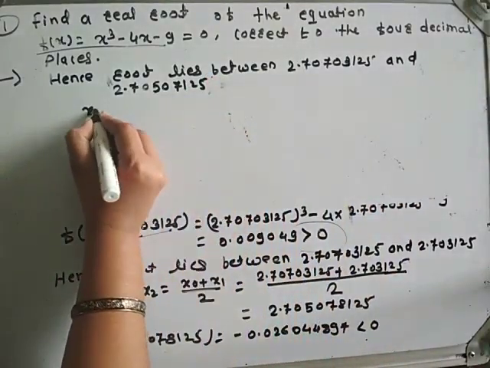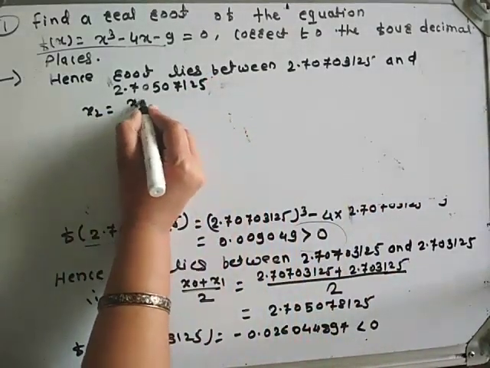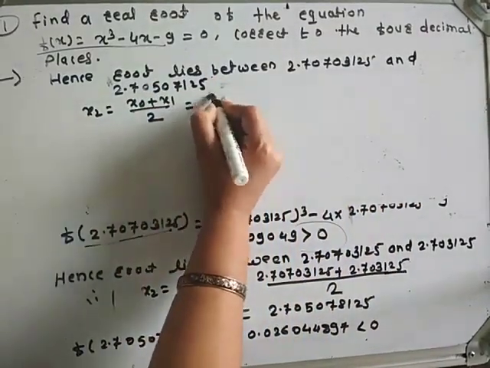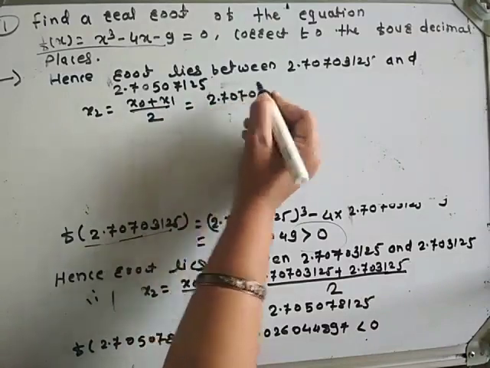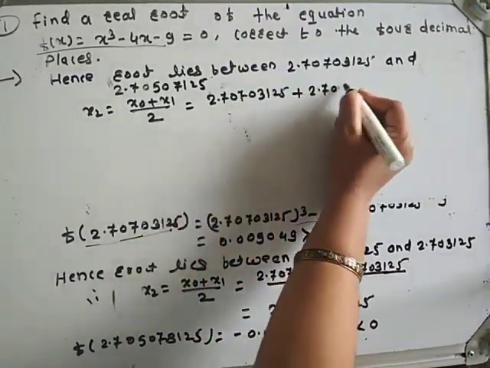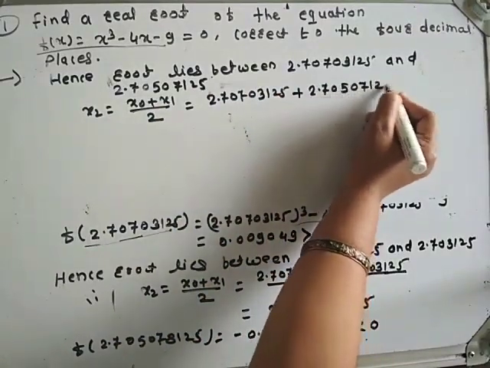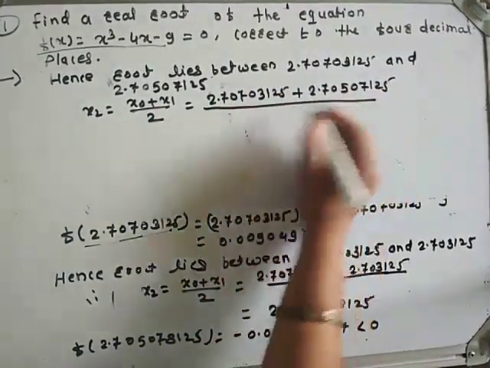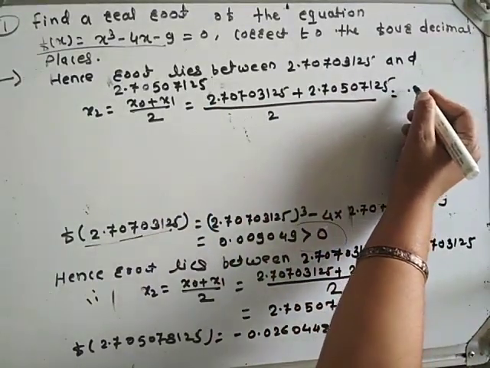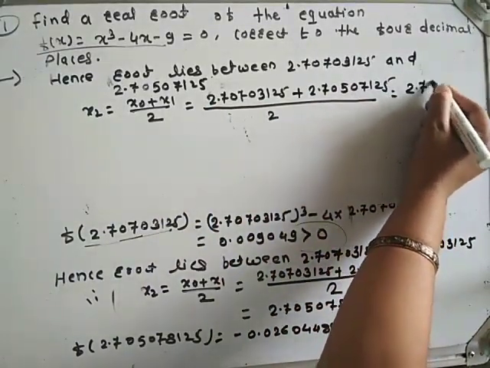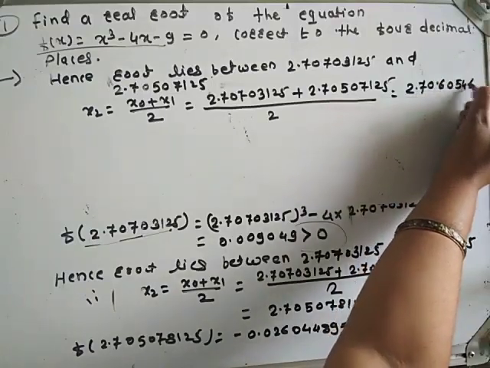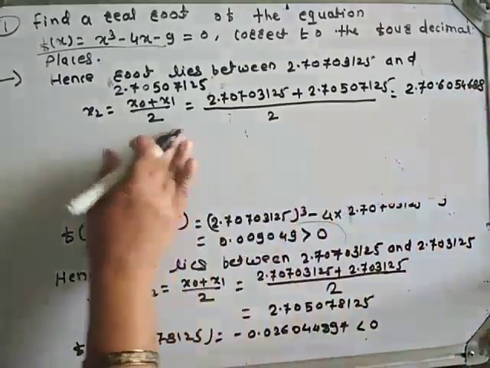Therefore, the approximate value of the root is x2, which is equal to (x0 plus x1) upon 2, which is equal to 2.70703125 plus 2.705078125 upon 2, which is equal to 2.70605468.